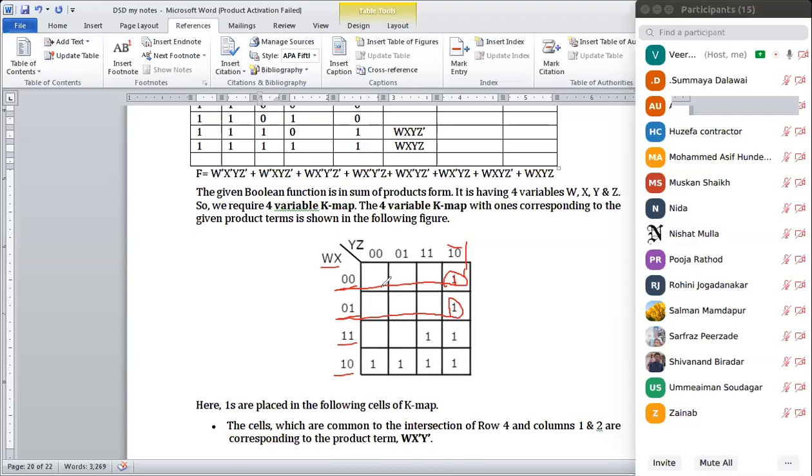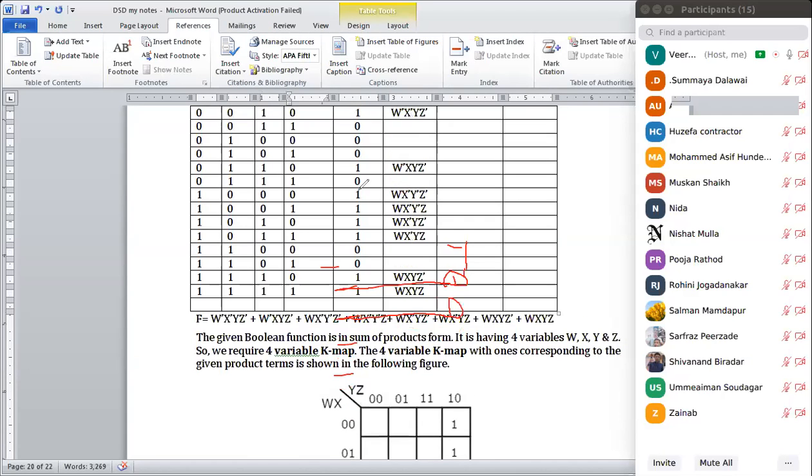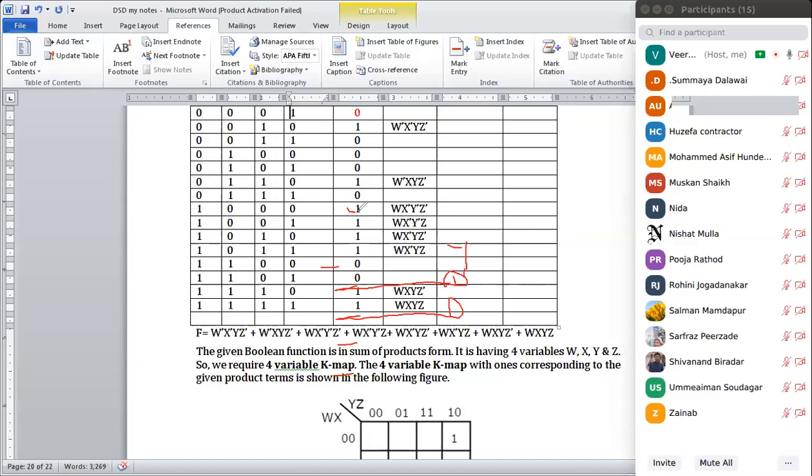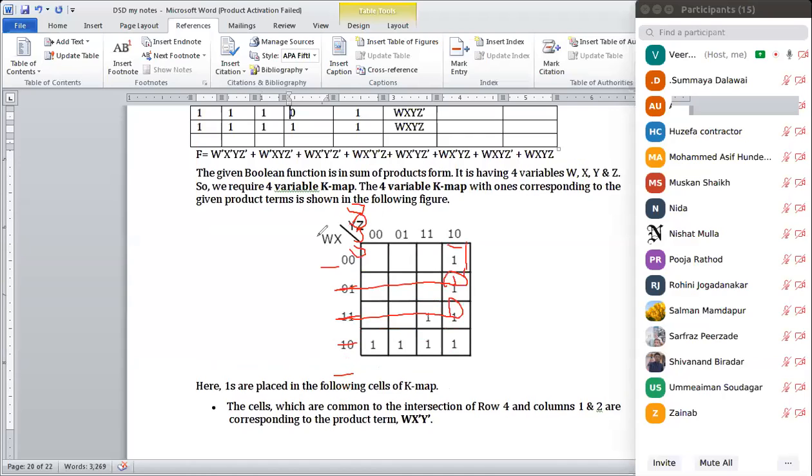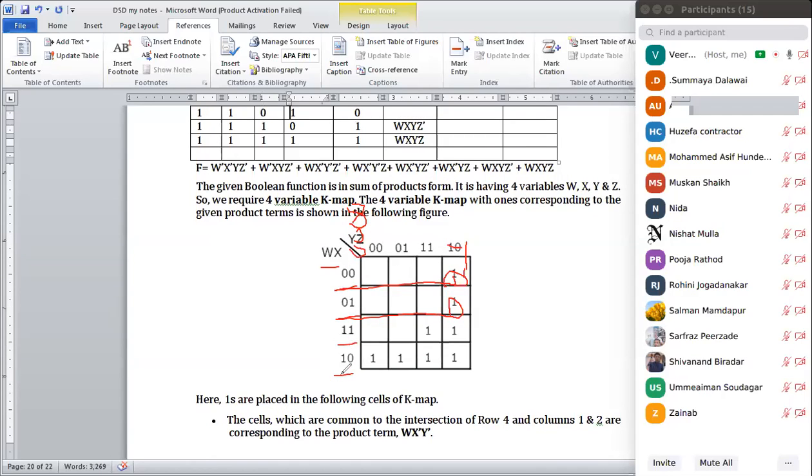Like that I have 1 1 1 1. Now this 1000, where is it? 10 10 is fourth row, 00 is first column. So here I am going to write 1.